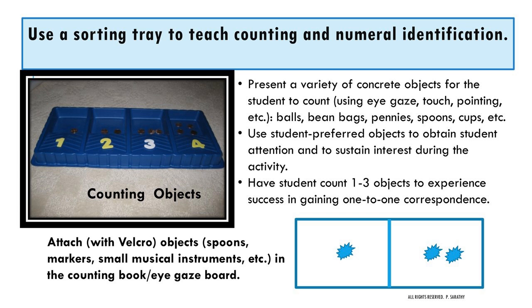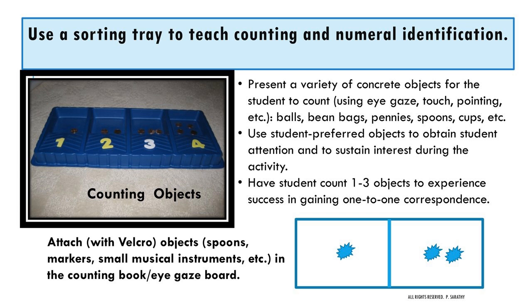Present a variety of concrete objects. The student may use eye gaze, touch, or point, and use bean bags, spoons, straws, pennies, or cups. If you are worried about the student putting the object in their mouth, then don't use pennies, use cups. You may want to use plastic spoons, and then they are matching the numeral with that object.